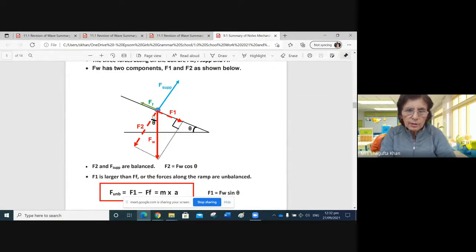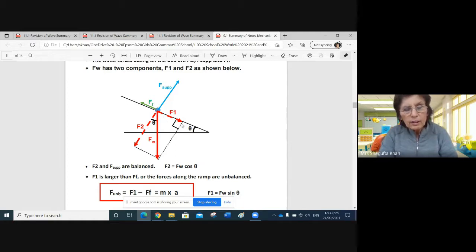Okay, so that's the gravity force. And then F1 and F2 are two components. So this one can be replaced by these two. Friction force and support force are there. Now, since the object is not bobbing up and down, that means these two forces are equal and opposite, so therefore they're balanced.